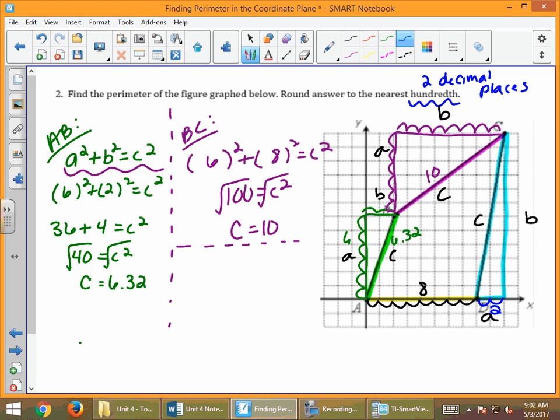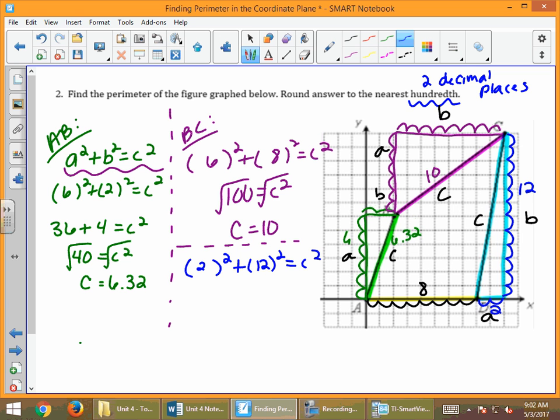This side's 2, and then we count. This one, 1, 2, 3, 4, 5, 6, 7, 8, 9, 10, 11. That guy is 12. So again, 2 squared is our A, 12 squared is our B, and our slanted side is always our C.